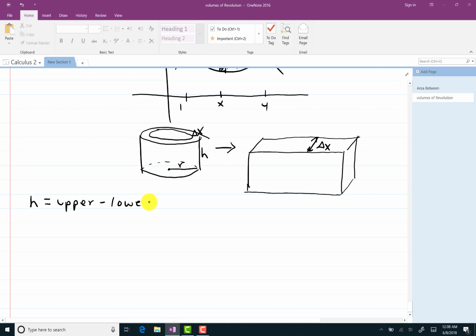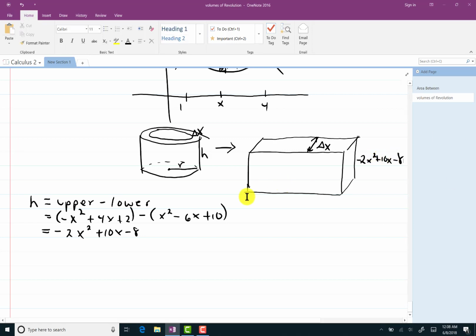The upper function was negative x squared plus 4x plus 2, and the lower function was x squared minus 6x plus 10. This ends up equaling negative 2x squared plus 10x minus 8. So let me put that there, I guess. Negative 2x squared plus 10x minus 8.